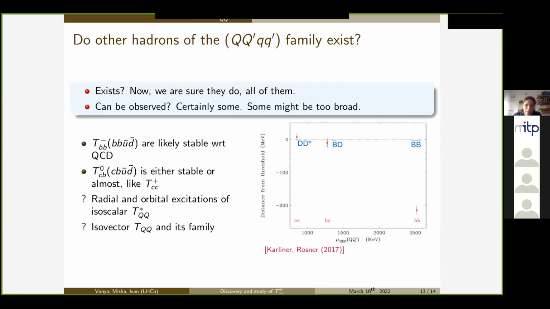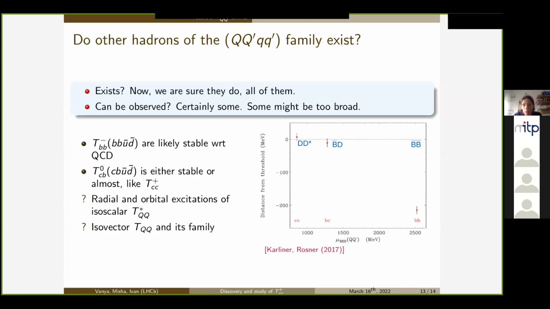My understanding is that it's extremely hard to do, though there is a chance once we collect all of run 3 data, though it would be much harder than to discover this doubly charmed baryon.